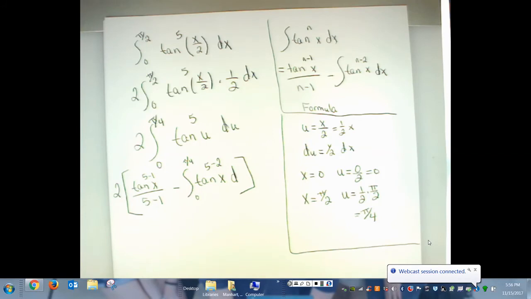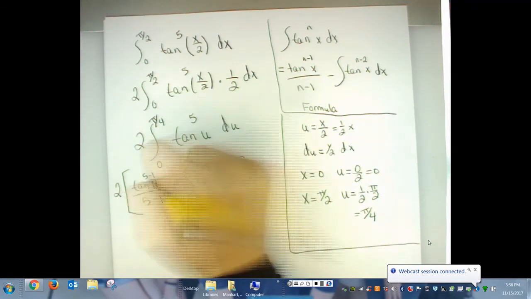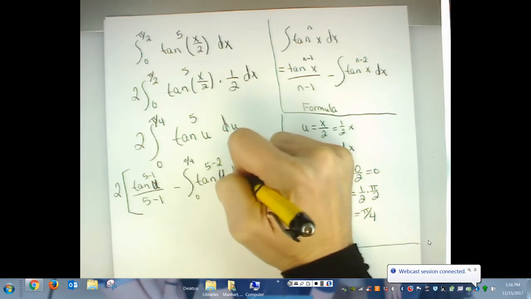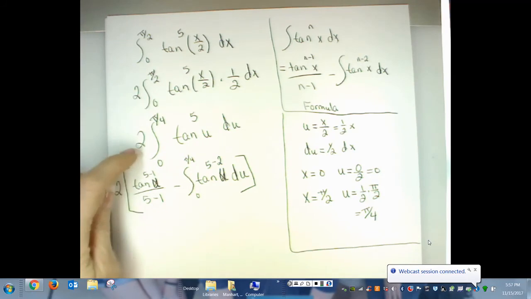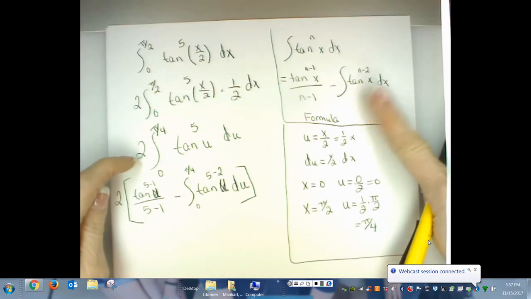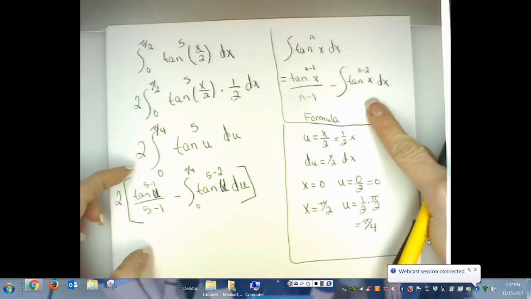And as a matter of fact, I guess I should have, forgive me, used u here, using the formula. Just be careful with that. We went from x to u, and then I'm using my reduction formula. Now this is the formula from the sheet, and that's why I just made my mistake, is I went back to x.